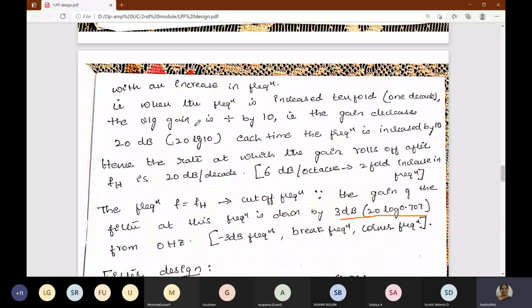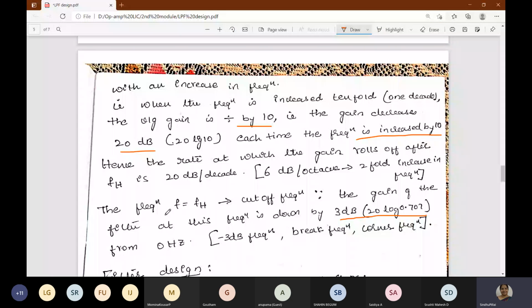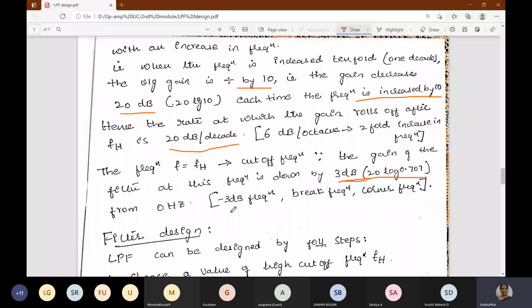Hence the rate at which the gain rolls off after fh is 20 decibels per decade. 20 log 0.707 is nothing but 3 decibels down. So that frequency we call the -3 decibel frequency, or break frequency, or corner frequency. These are the three names given for that frequency.